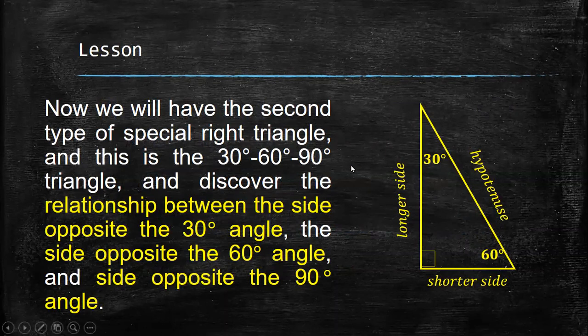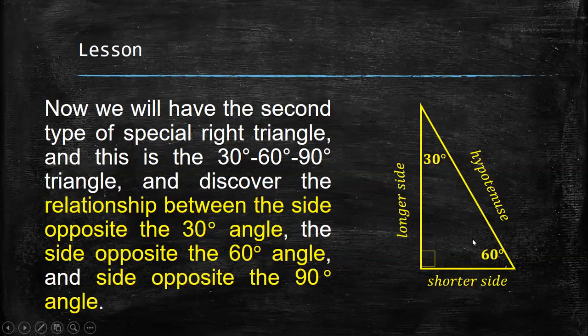And let's discover the relationship between the side opposite the 30-degree angle, the side opposite the 60-degree angle, and the side opposite the 90-degree angle. Okay. So here we have the 30-degree angle. The opposite side of this angle is the shorter side.